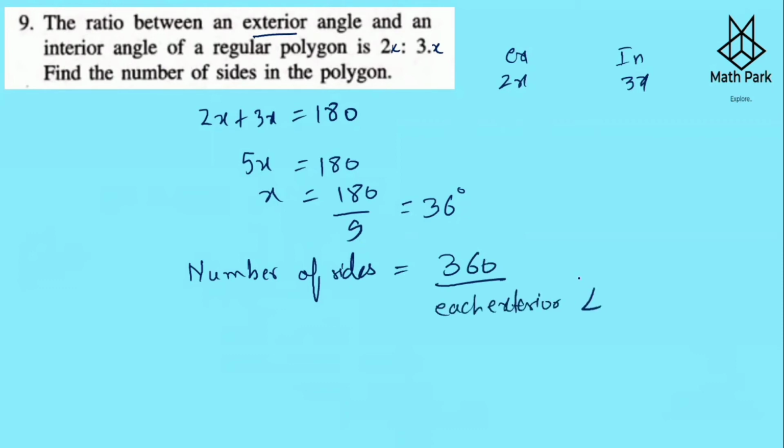Now the exterior angle is 2 times 36, which is 72 degrees. So 360 divided by 72, we get 5. So the number of sides in the polygon is 5.